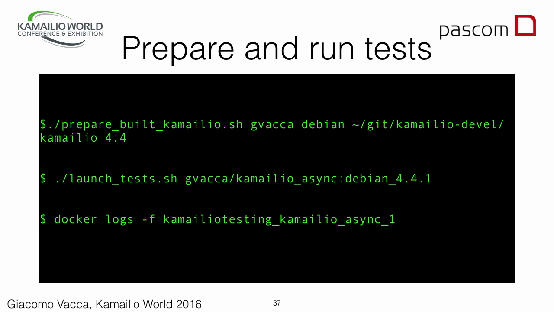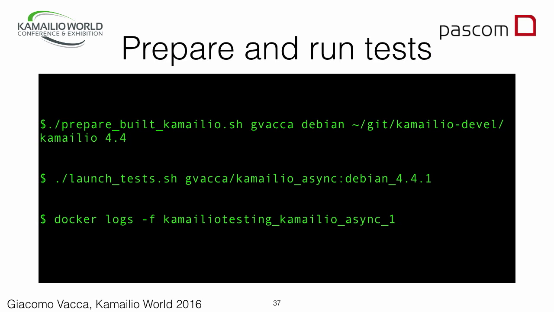And then for the sake of this example, there are 2 shell scripts. One is prepare build Kamailio, and the other is launch tests. So prepare build Kamailio gets a username, a base distribution, a path for the source code, and a Git reference for Kamailio, in this case 4.4.